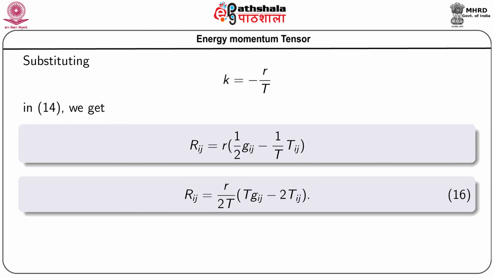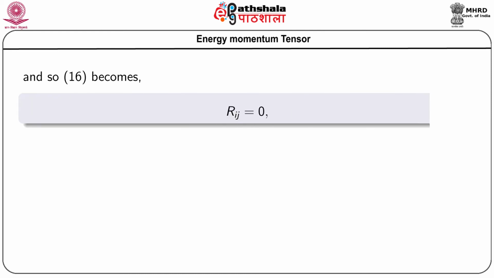So, this is the expression for the Ricci tensor in terms of the covariant form of the energy momentum tensor. Now, if T_ij equals 0, that means the energy momentum tensor vanishes, then T will also be equal to 0, and in that case the equation becomes R_ij equals 0.